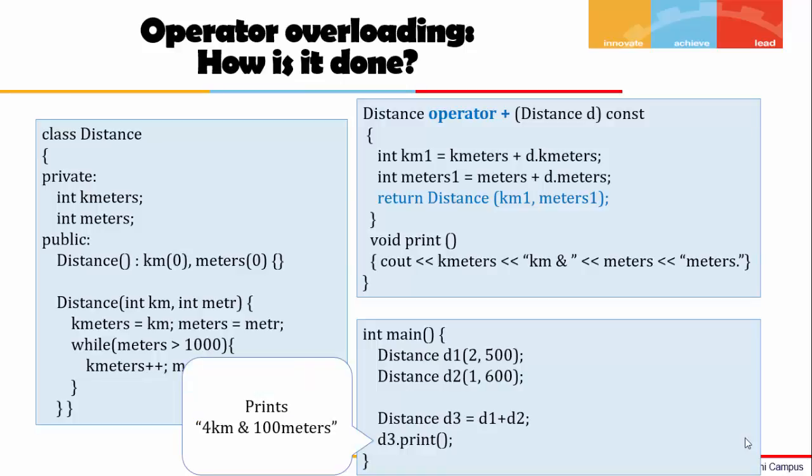So we get the sum of both the kilometers and meters values. Similarly, functions could be created to overload other operators in the distance class. So you could subtract, multiply and divide objects of this class in natural looking ways. Here we are adding two objects d1 and d2, and not int or float. These are user defined data types. So this is how operator overloading will help.